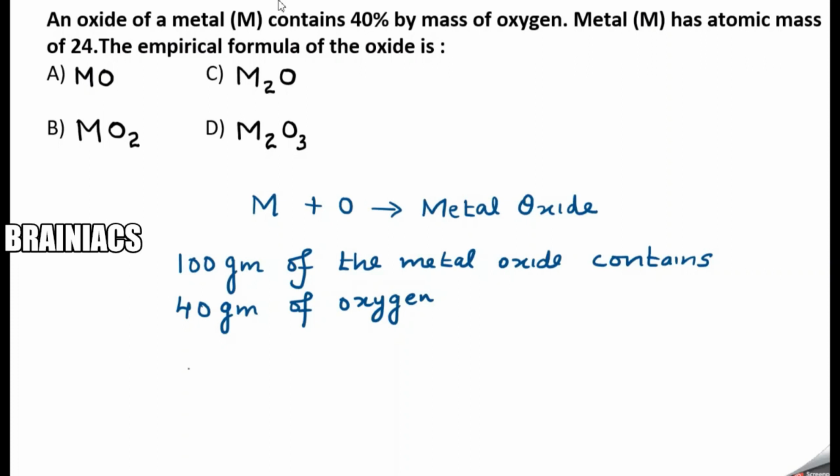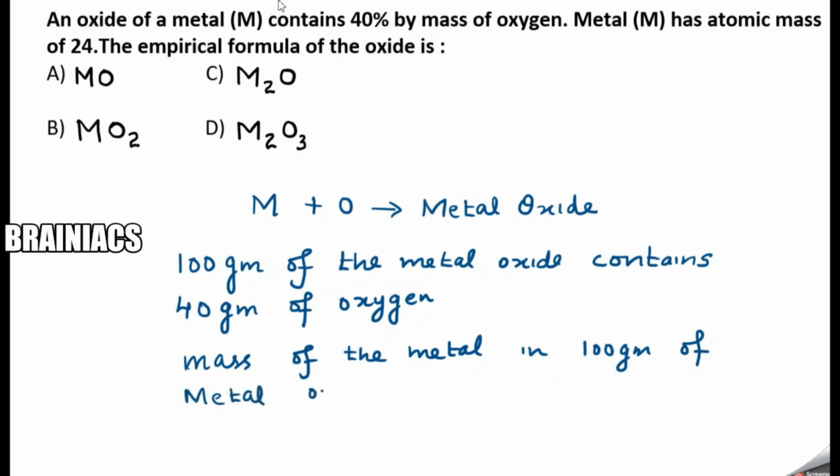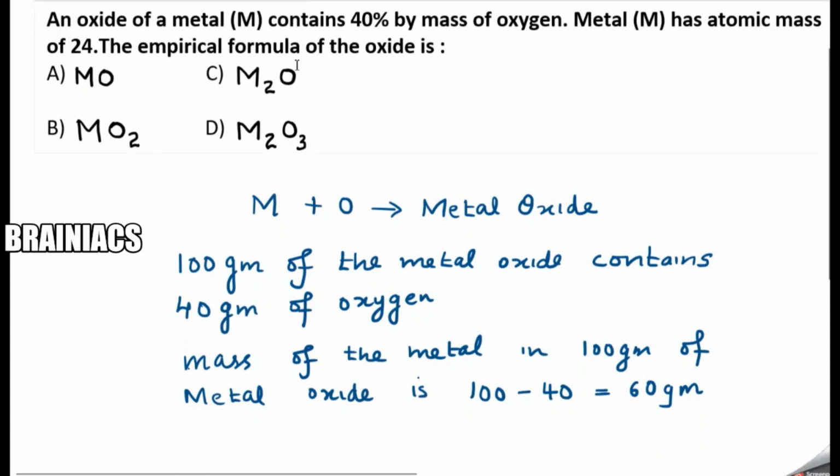I can say that the mass of the metal in 100 gram of metal oxide is 100 minus 40, which is equal to 60 gram, correct? So I got it as 60 gram. Now what they have given to you? They have given to you the atomic mass, correct?